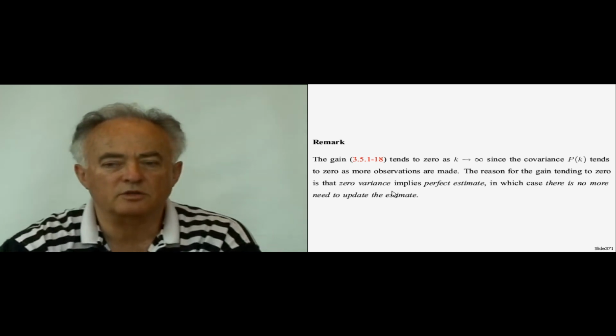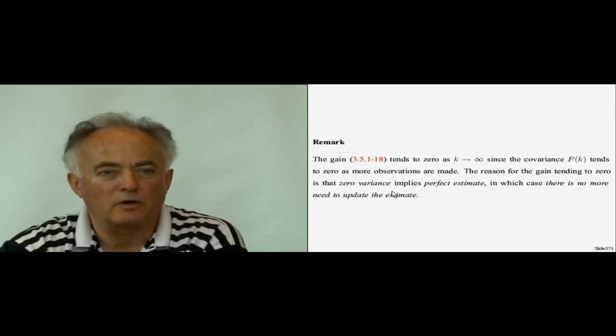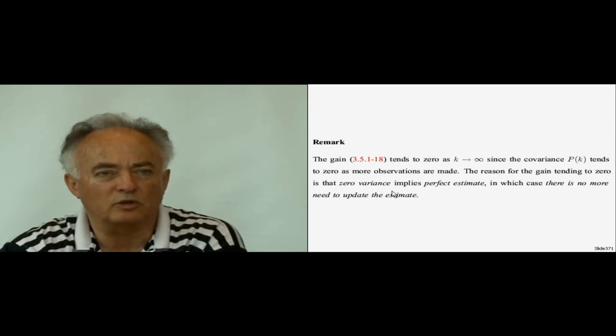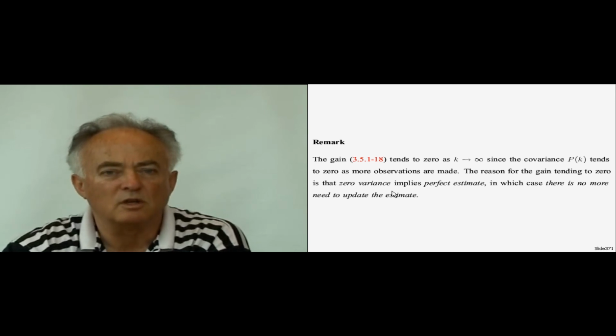And we'll discuss this because in the real world, this is not going to hold that we get perfect information. So in the case of dynamic systems, we don't want to run an estimator where the gain has gone to 0, because in practical situations it is an illusion that you have perfect estimates.